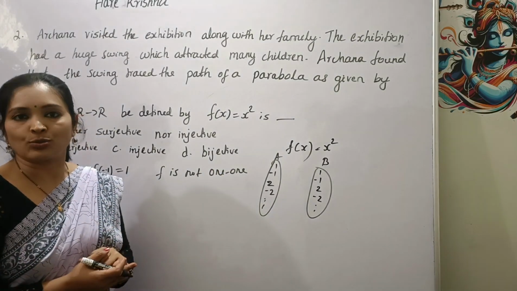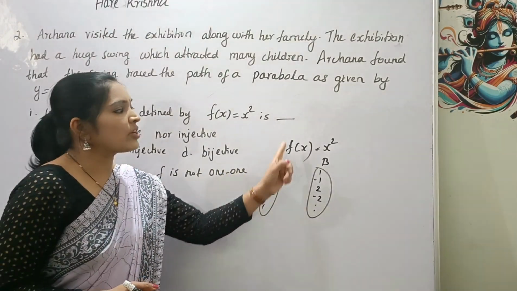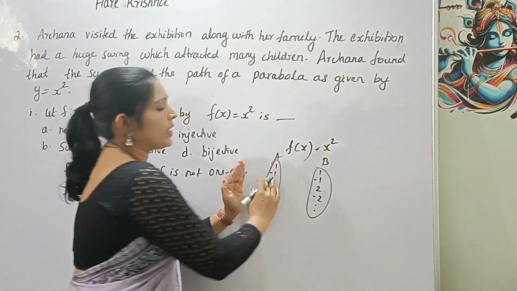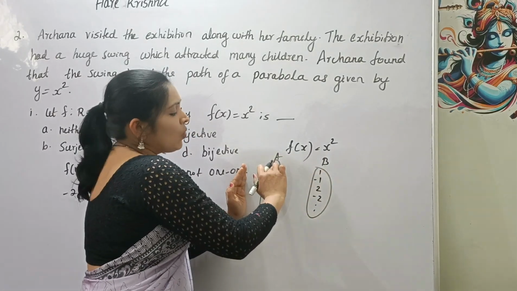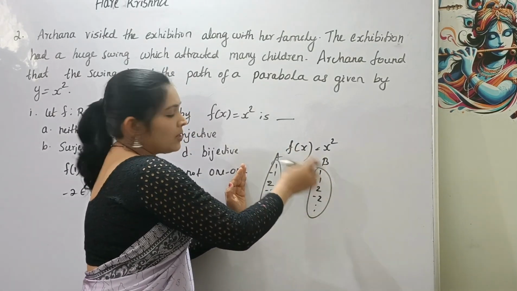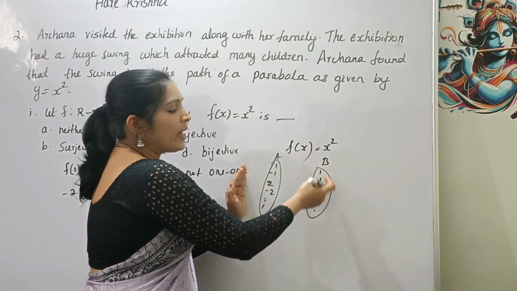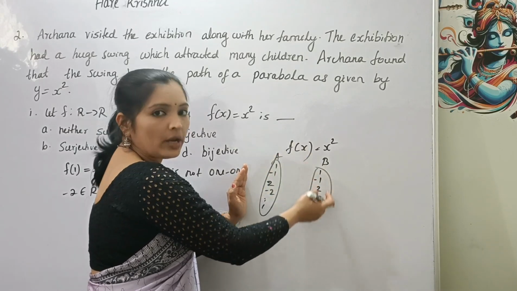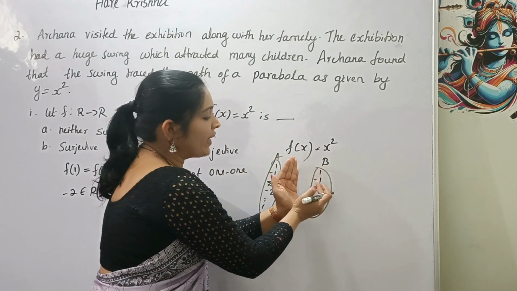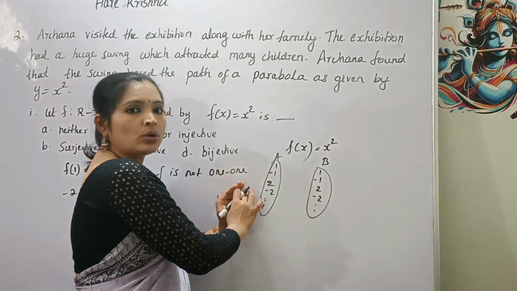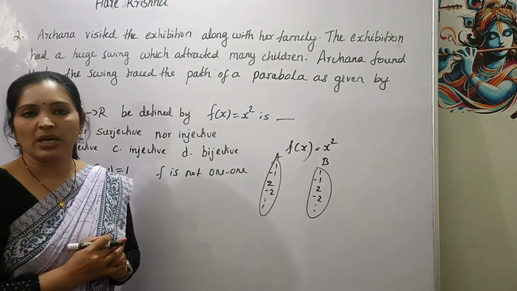That is square root of minus 2, because our function is f of x equals x square. 1 square is 1, minus 1 square is 1, 2 square is 4, minus 2 square is 4. So what is the pre-image of minus 2? Square root of minus 2.